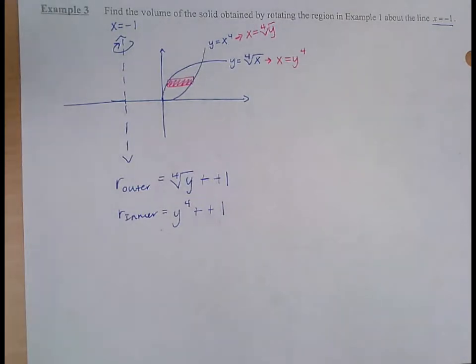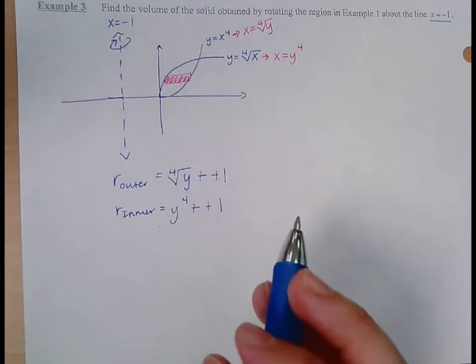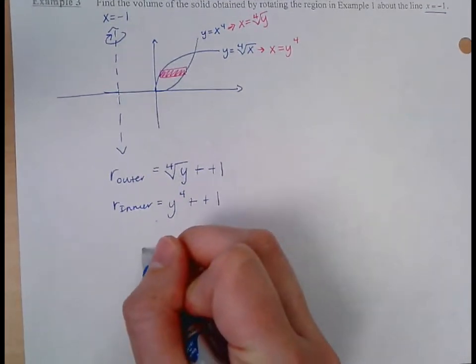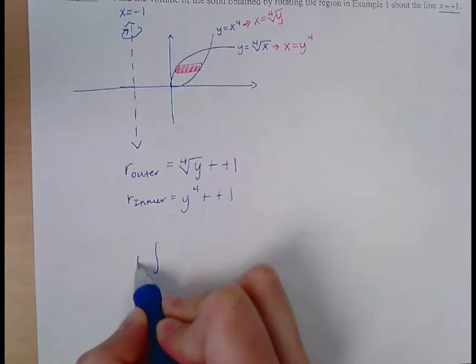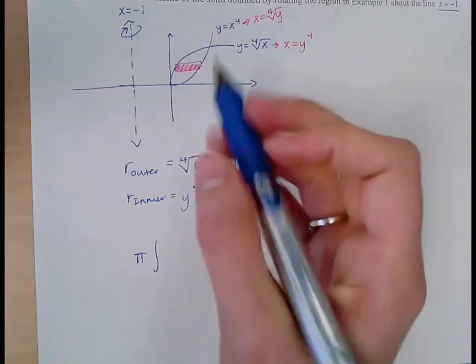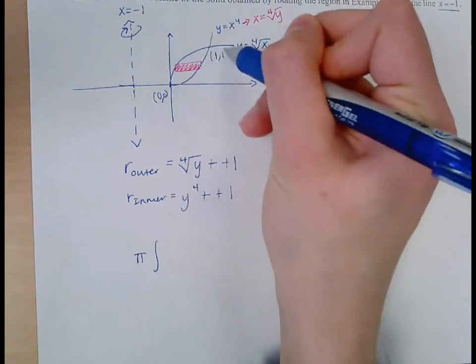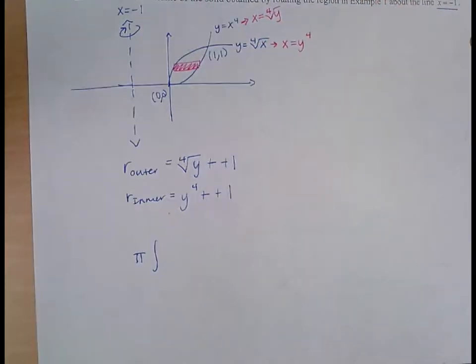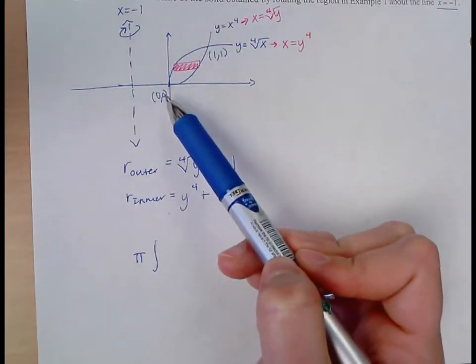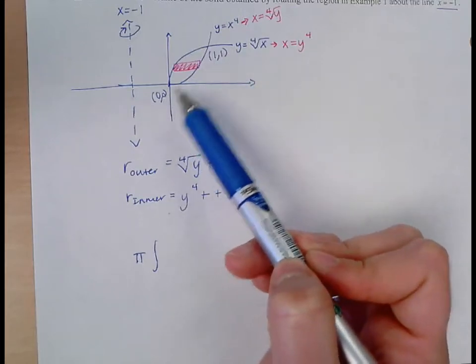Okay, I can answer questions. I want to set this up, though, what the integral would look like, because I know we're done in a minute here. So we would have the integral from, well, actually, we'd have pi in front. Since the intersections were 0, 0, and 1, 1, you'd have to use the y values of the intersections. And so the y values are still the same, 0 and 1.